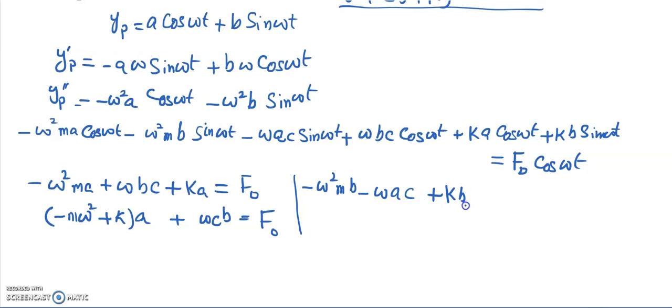This is the sine omega t term, and this will be equal to 0 because on the right hand side there is no sine omega t term. Similarly, we can represent it in the a and b format: minus omega c times a, plus, if we take b common, k minus omega square m times b, is equal to 0. So now we have these two equations.